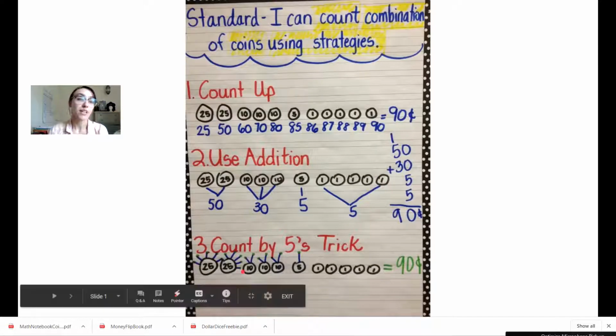One last strategy that we did not talk about yesterday is the counting by fives trick.